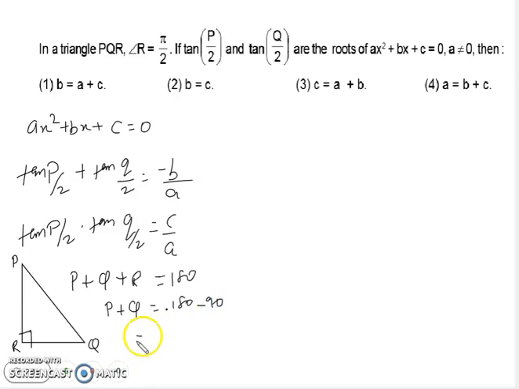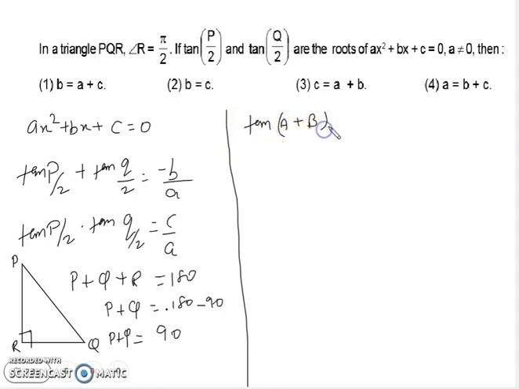So we can simply write that P plus Q is equal to 90 degree, guys, right? So now we know the formula tan A plus B is equal to tan A plus tan B divided by 1 minus tan A into tan B. Are you getting my points?